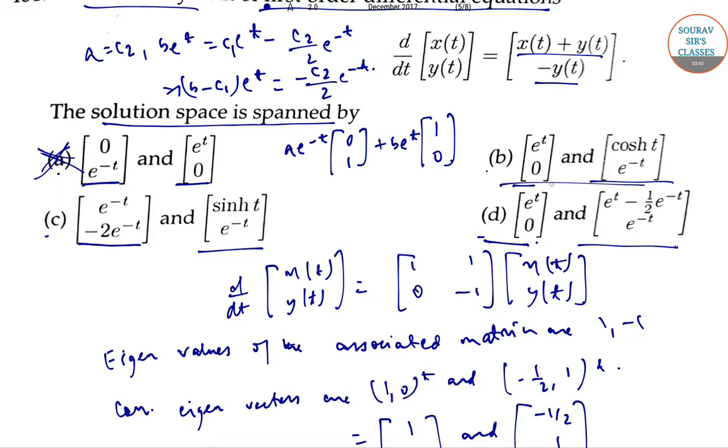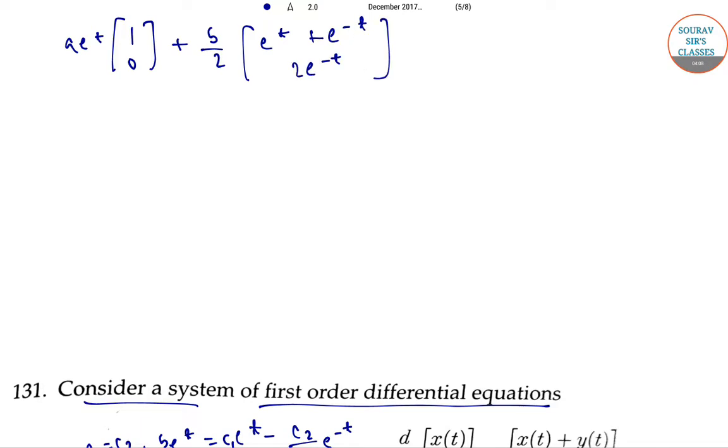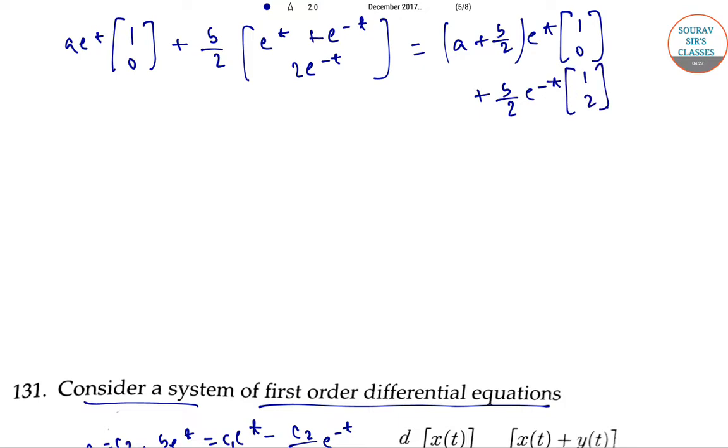Now, for option B, the span of the vectors is a e^t (1, 0) plus b/2 (e^t + e^-t, 2e^-t), which is equal to (a + b/2) e^t (1, 0) plus (b/2) e^-t (1, 2).